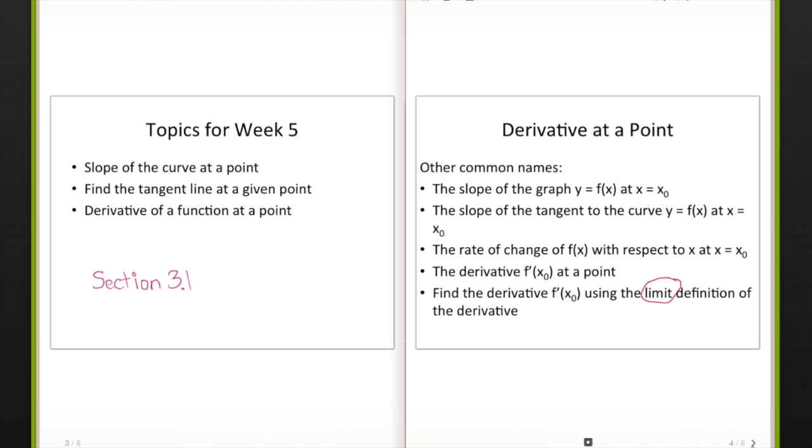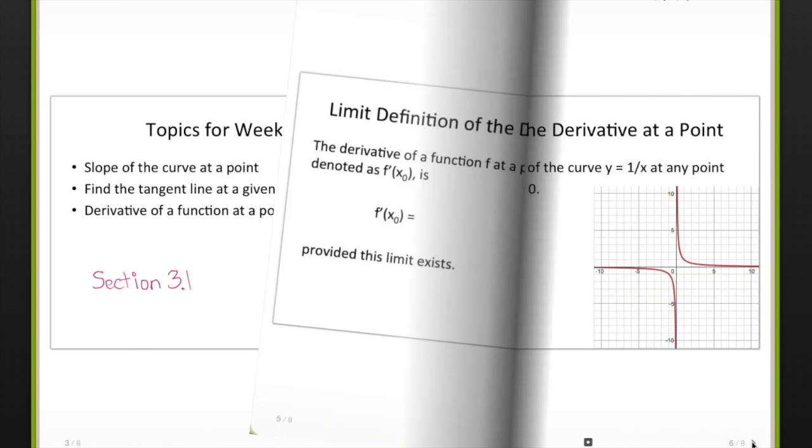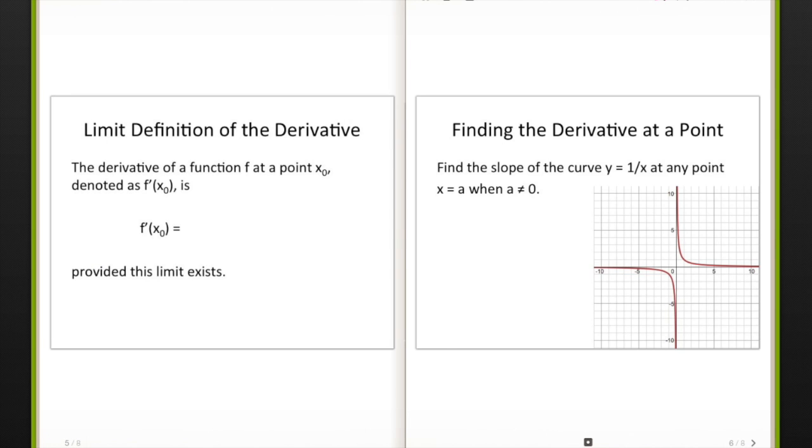And you'll find that word limit is used because that is what your formula is. You are solving a limit. So let's look at that limit definition of the derivative.